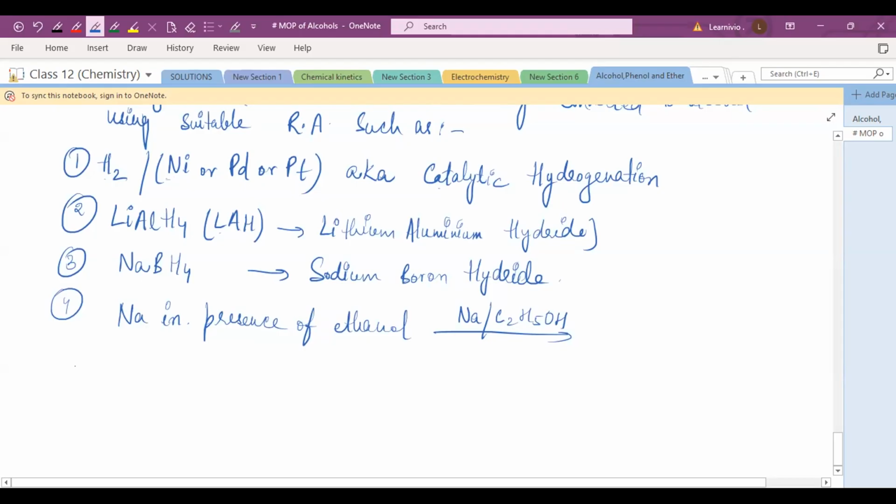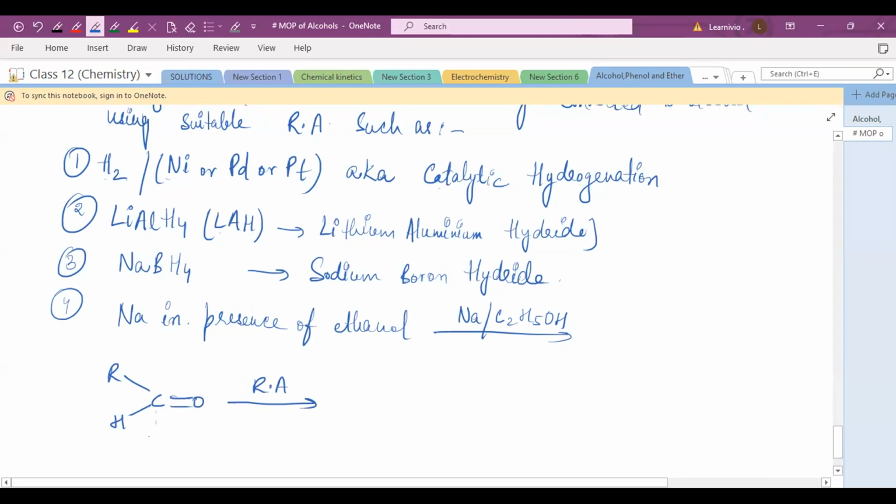Now let's do some questions. Suppose we have an aldehyde, RCHO. When you are using the reducing agent, what will happen over here? यहाँ पे क्या होगा?